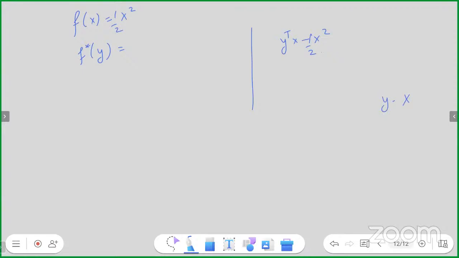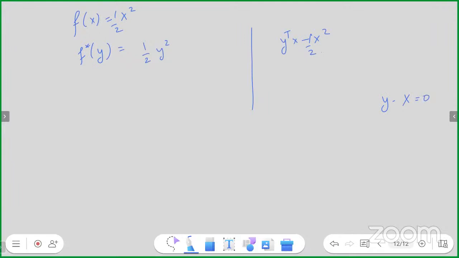So evaluation is at x equal to y, half of y square. No, I didn't write supremum here. This is just the function. After supremizing, you should get half of y square. This is 0 at optimality.